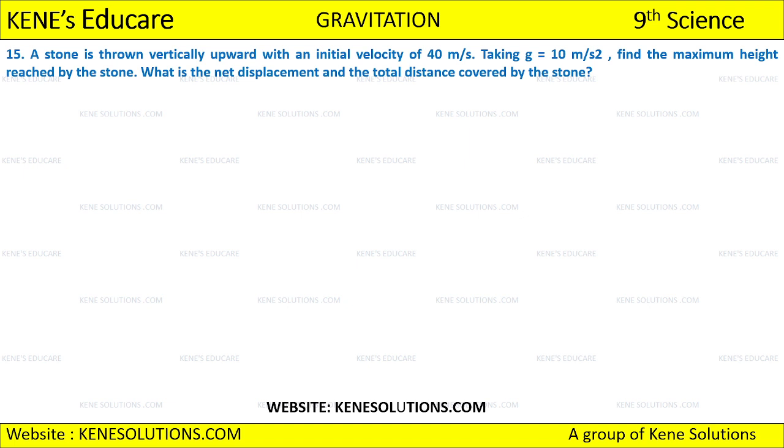So again you will use the same equation, v square minus u square is equal to 2gs. The values have been given, and because it's in upward motion, acceleration due to gravity will be negative, so it will be minus 10 meter per second square, because here we are taking the value of g as 10. So depending on that you have to find out the value.